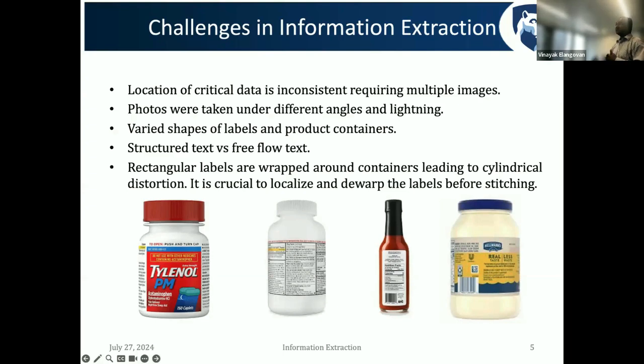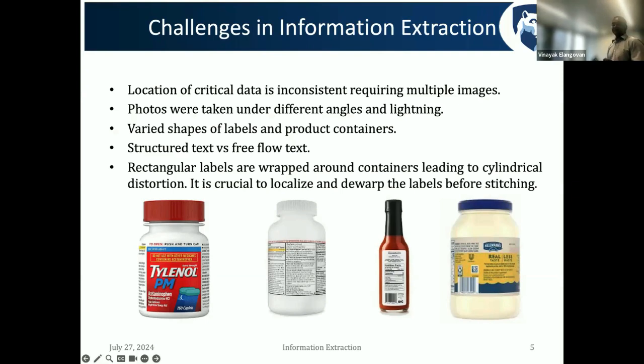Regular rectangular labels are fine. If I have a square product and a label on top of it, it's a little easy to work on. For example, if I have a mobile phone and something is written on it, I can just capture the image and extract that information.